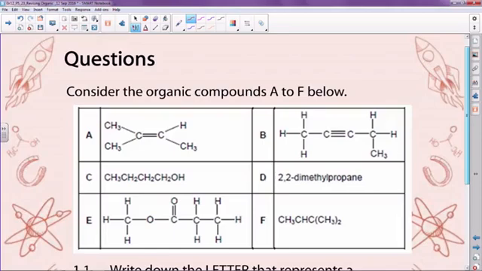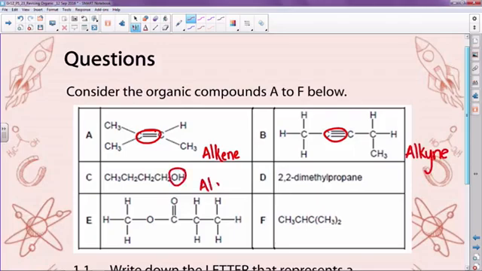So we go through each compound and we make decisions about it. If we look at compound A, it has a double bond in it, so that makes this an alkene, so I know which functional group it's in. Compound B has a triple bond, that makes this an alkyne. C has an OH at the end.